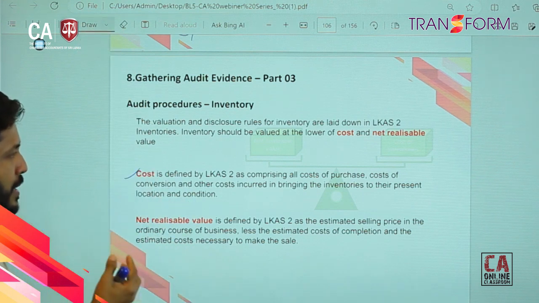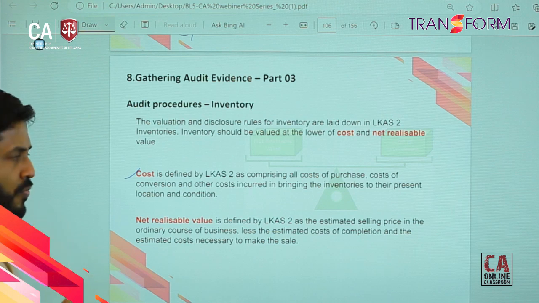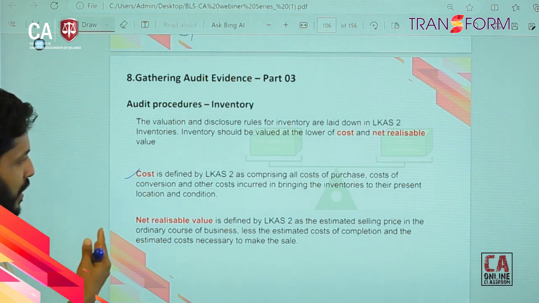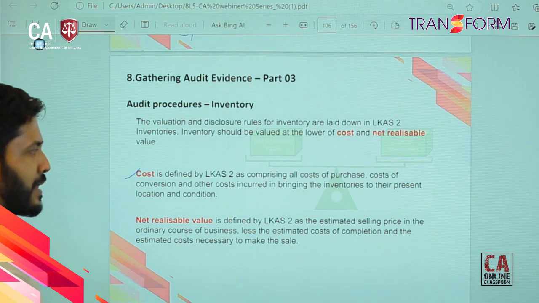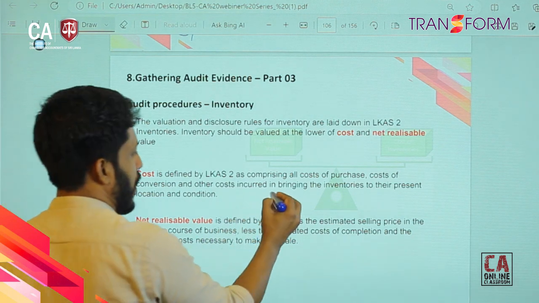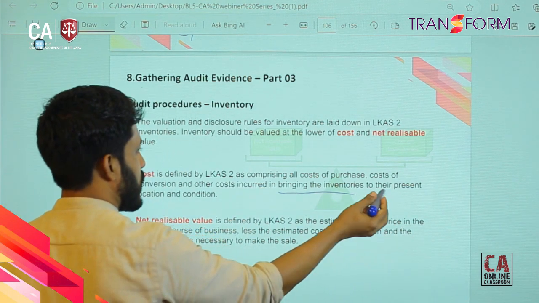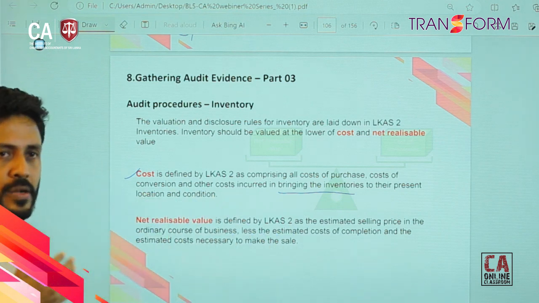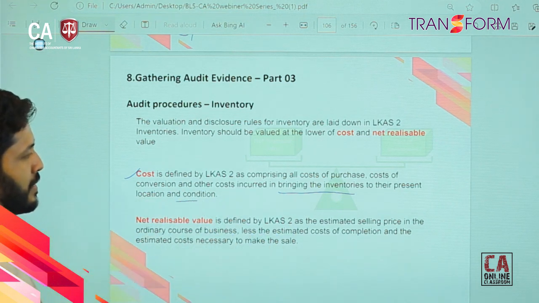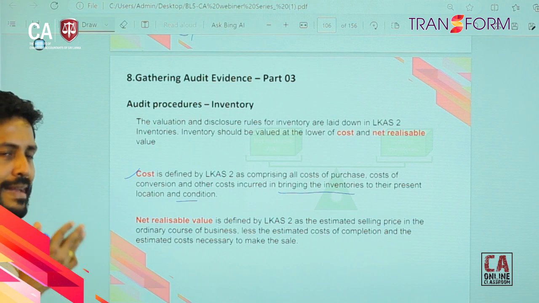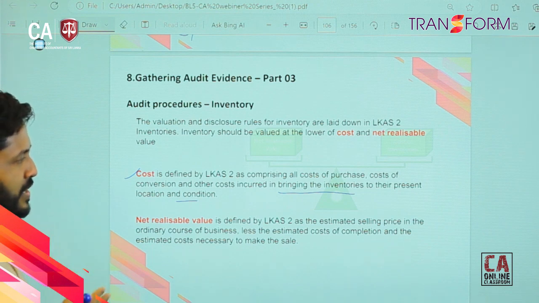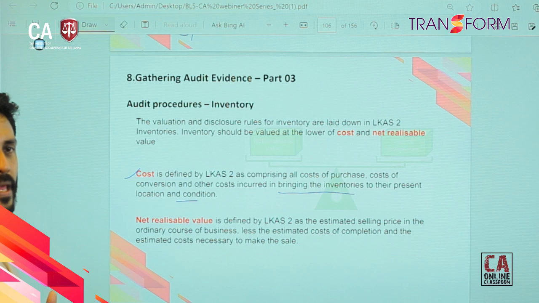That cost may be based on FIFO, LIFO or weighted average cost according to LKAS 2. That is the cost we incur in bringing these inventory items to their present location and present condition. So that may include taxes, transportation cost, all those things should be included in the cost, right?